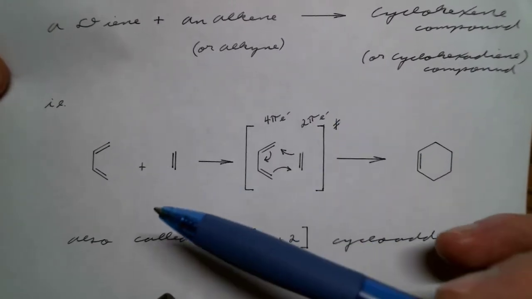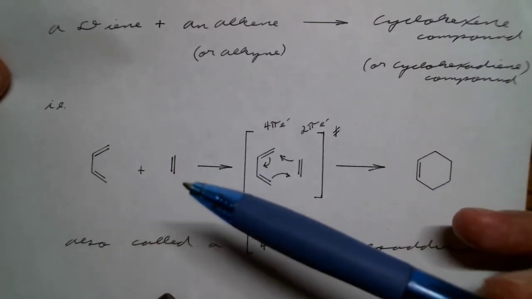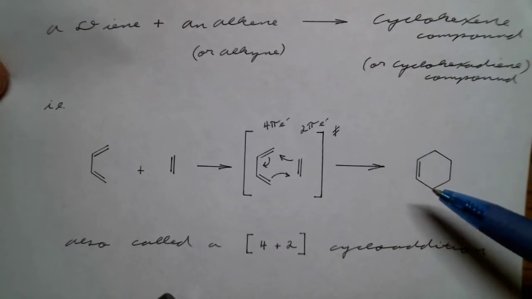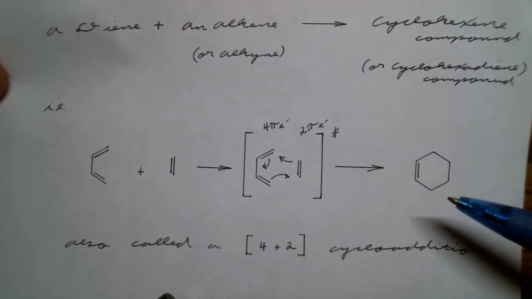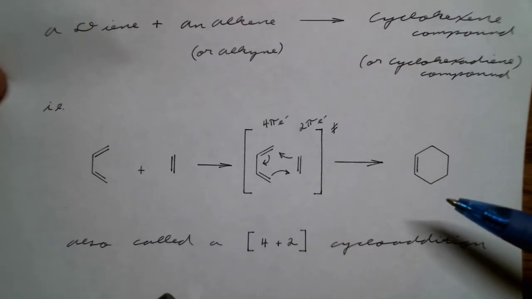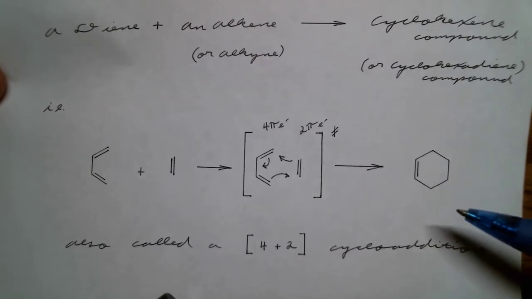One thing you'll notice about it is, in terms of entropy, we're bringing two molecules together to form one. So we're decreasing entropy, right? Delta G equals delta H minus T delta S, and the change in entropy is a minus. So minus T times a minus is a plus, right?